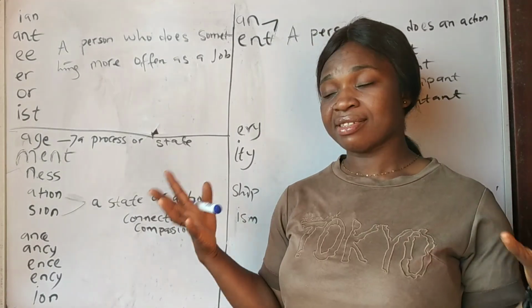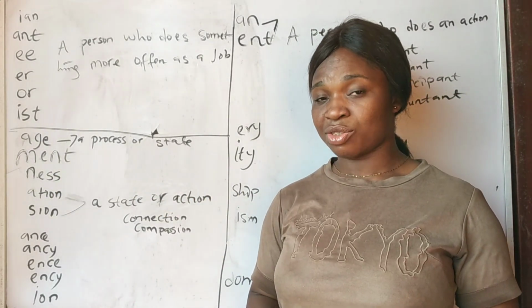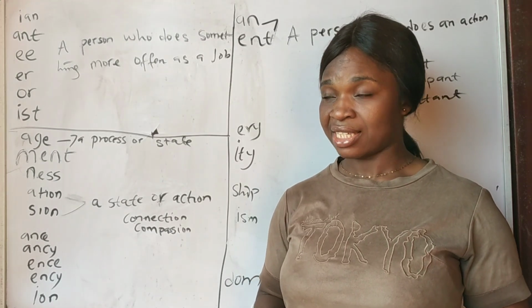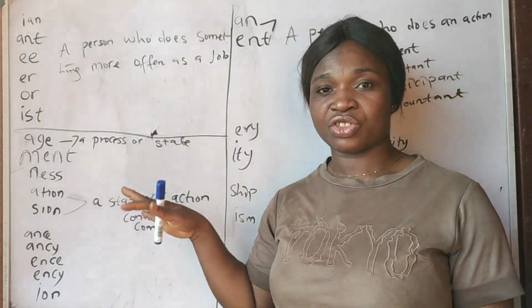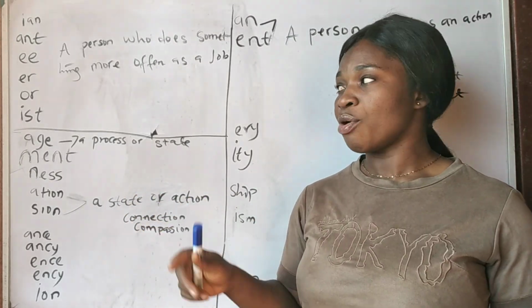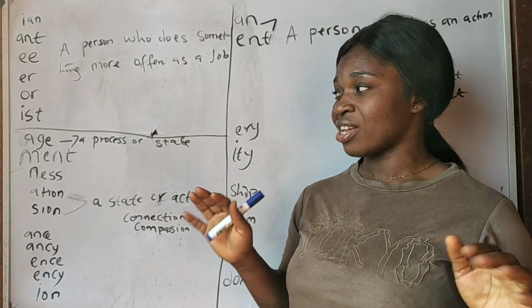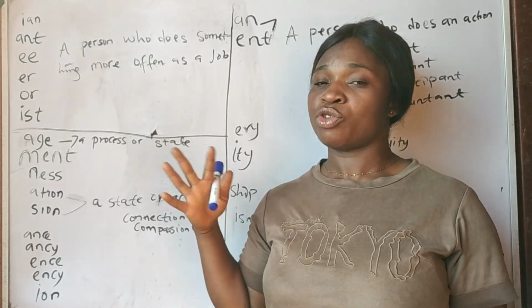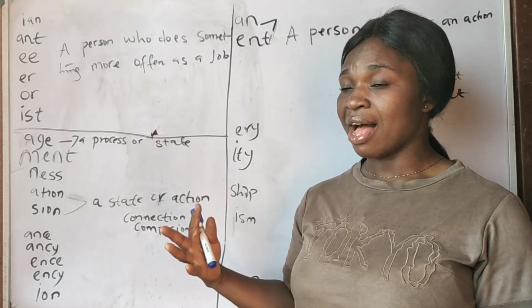For instance, you can see a word that ends with ment and you place it as the verb of a sentence. So that is why I'm taking my time to let you know that if any of these should end a word, just know that it is a noun, okay? Remember, we are on word class conversion, so we are trying to transform a word from being a verb to being a noun, okay?